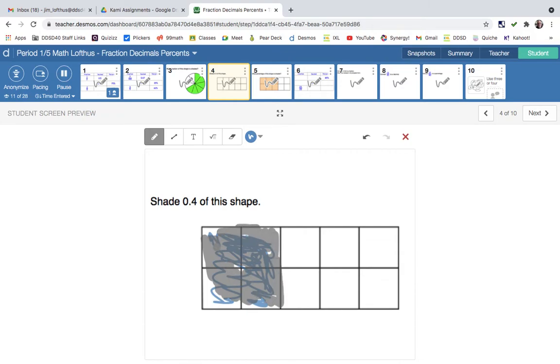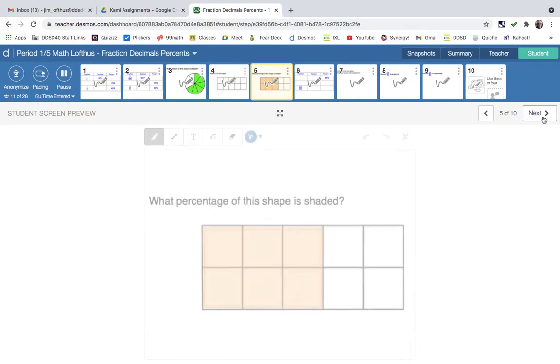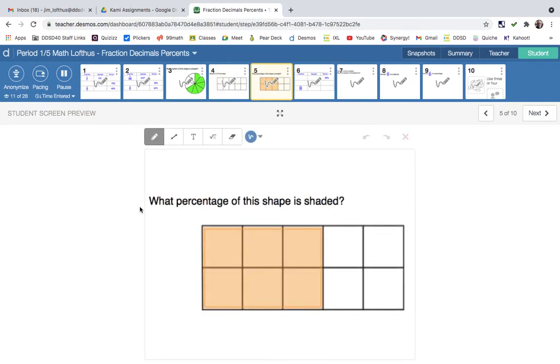So 4 of the 10 is 4/10. 4 to 10 is the same as 40%. All right, let's go to the next one. Percentage shaded is 1, 2, 3, 4, 5, 6 out of 10. So that's 60%.